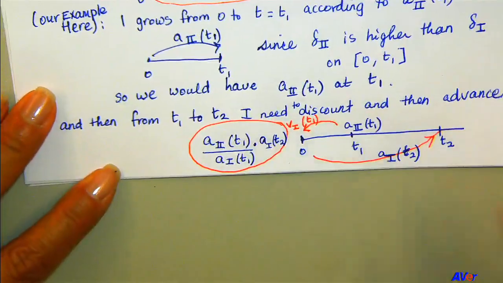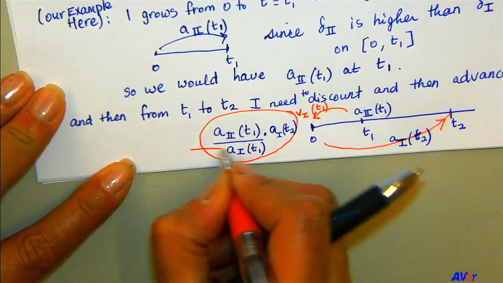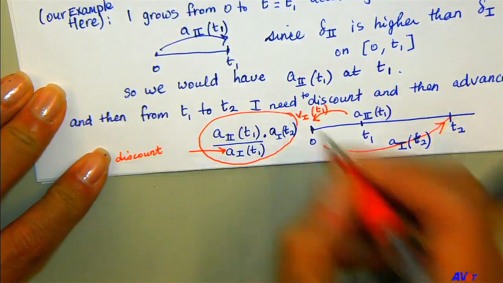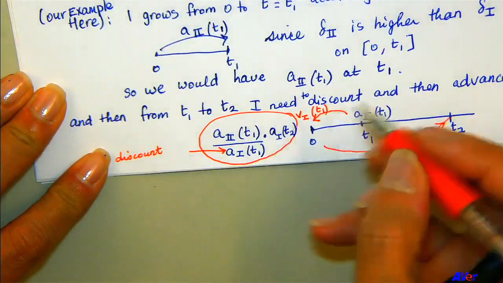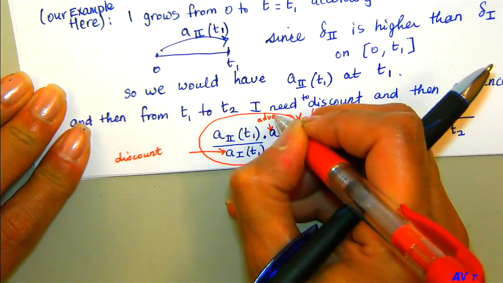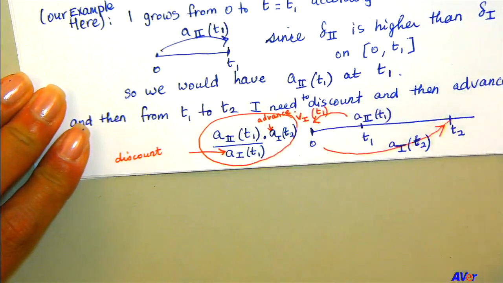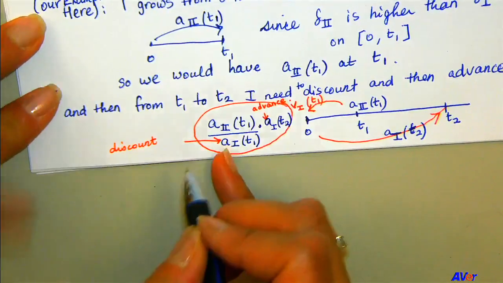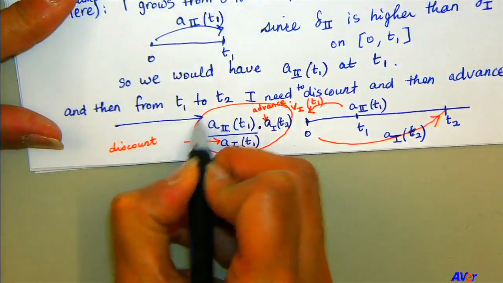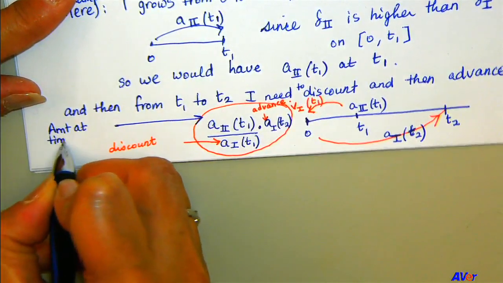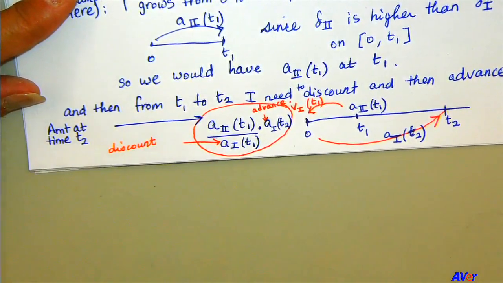So let's write here discount, and then this one is advance. And this is what I have at time t2. Amount at time t2. Does that make sense?